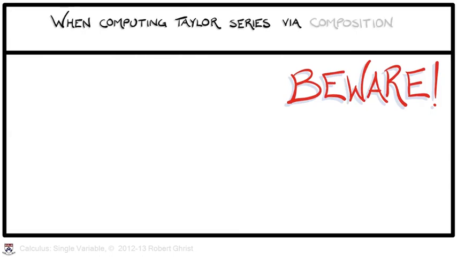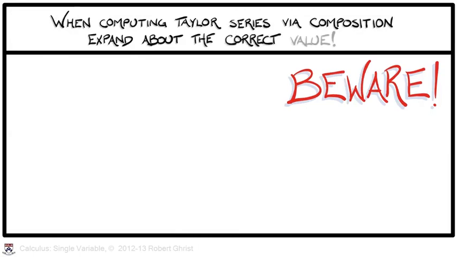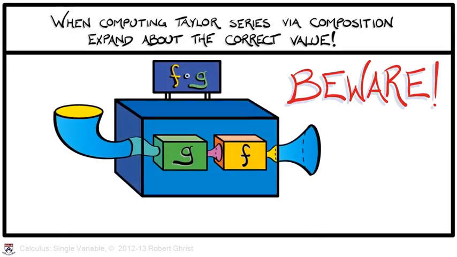Now, one thing to be cautious of is that if you're computing a Taylor series of a composition, you must expand about the correct values. If you have a function f composed with g, and you want to expand it about some input x, then you must expand g about x, but you must expand f, not about x, but about g of x.